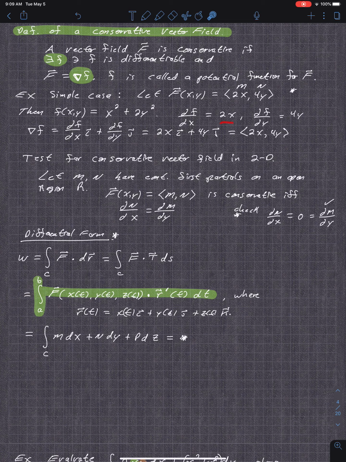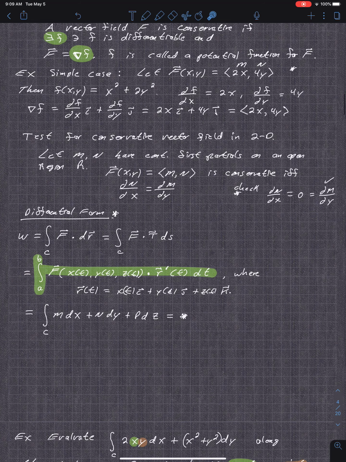So those partials give you what you need. Then the gradient of f is 2x i plus 4y j. If you can find a potential function like that, F is conservative. That's the definition. Conservative vector fields have implications we'll talk about a bit later.